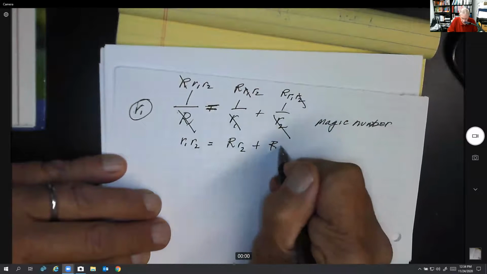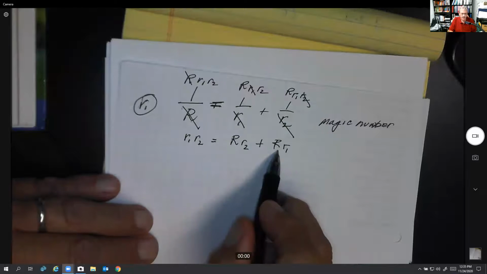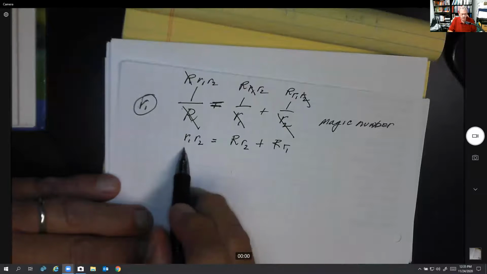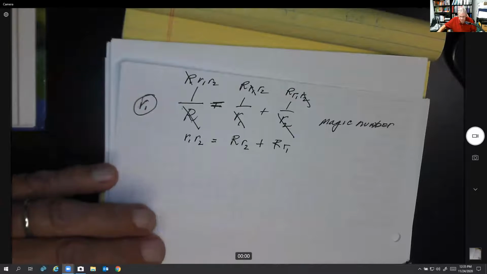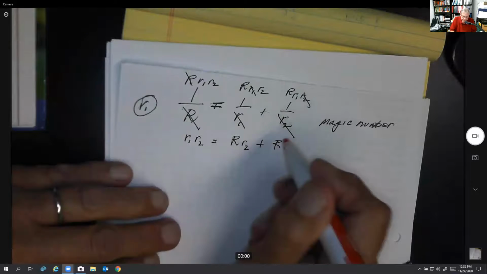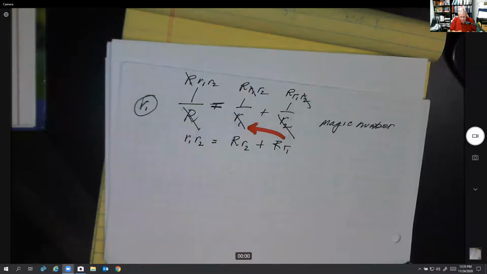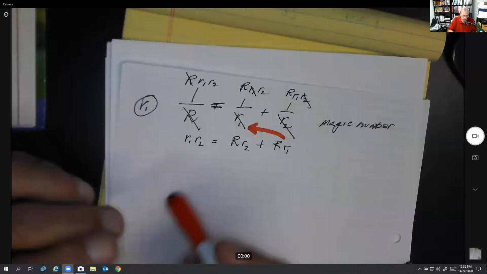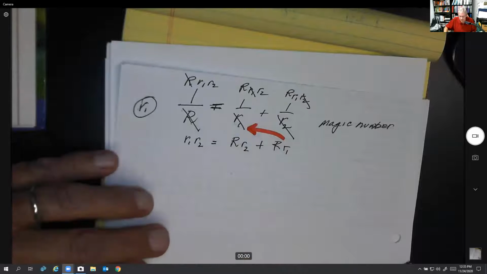R, R1. What are we solving for? R1. They're on either side of the equation. We need to get them together. We need to get this R1 over to the other side so it can be with its buddy. We could move them the other way, but then we do double movement.